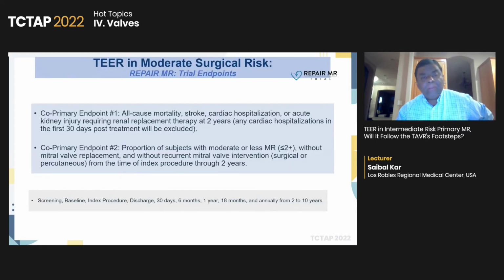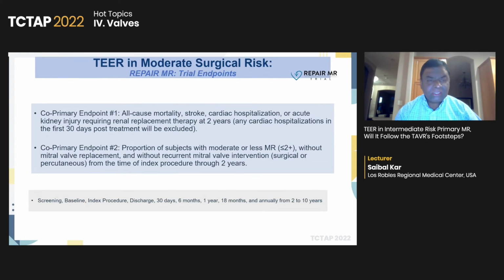Now, there are 2 primary endpoints, and I'm not going to show you all the secondary endpoints, but the 2 primary endpoints are different because one is on MR and the other one is clinical endpoints. The core primary endpoint is all-cause mortality, stroke, cardiac hospitalization, or acute kidney injury requiring renal replacement therapy at 2 years.